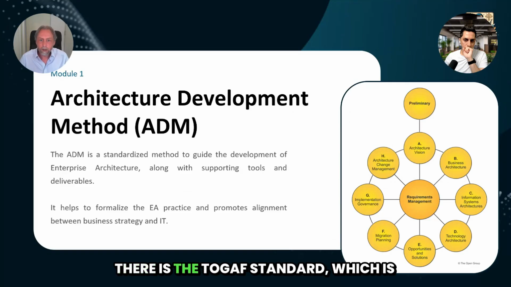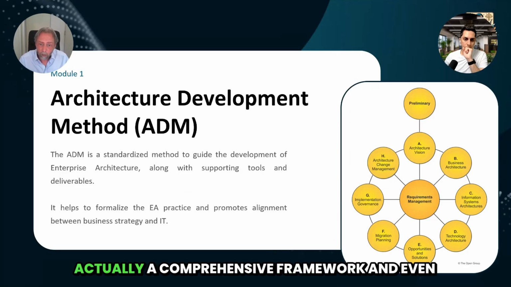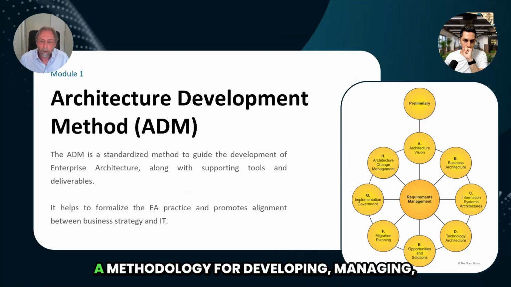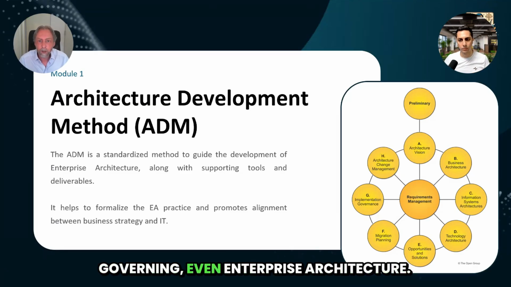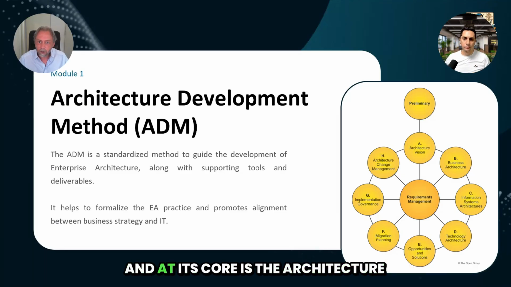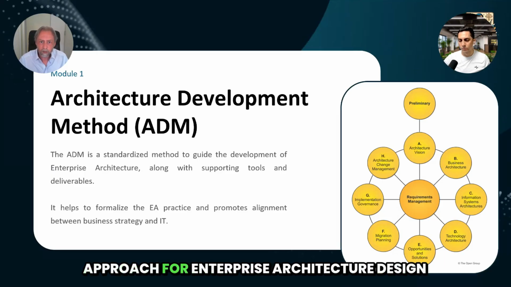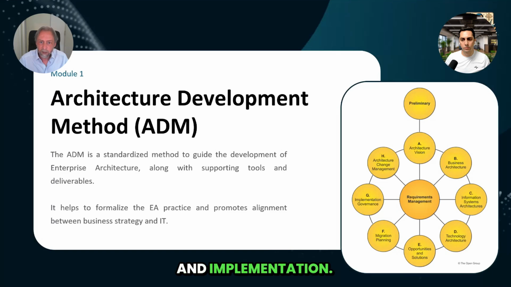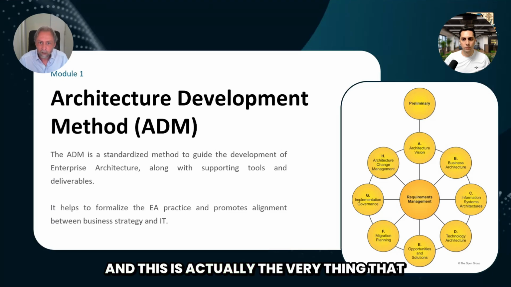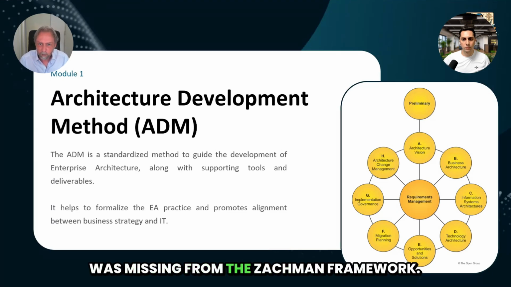And then there is the TOGAF standard, which is actually a comprehensive framework and even a methodology for developing, managing, governing even enterprise architecture. And at its core is the architecture development method, which is an iterative approach for enterprise architecture design and implementation. And this is actually the very thing that was missing from the Zachman framework.